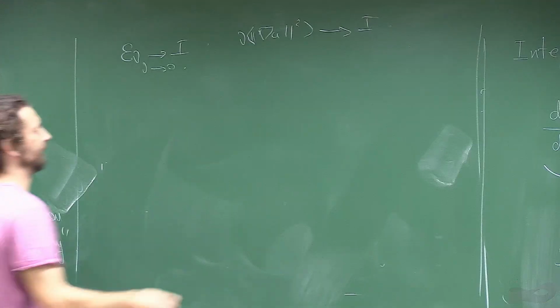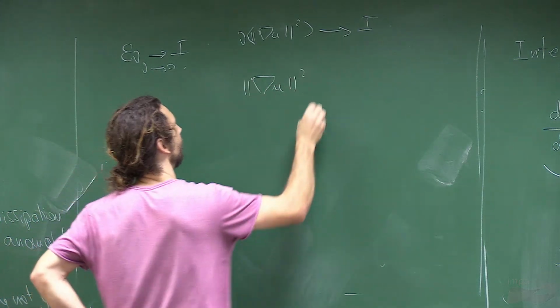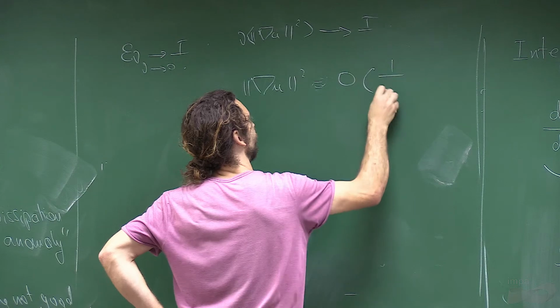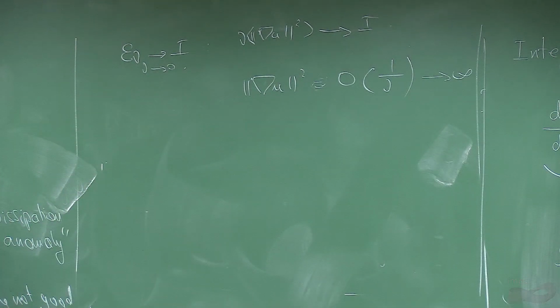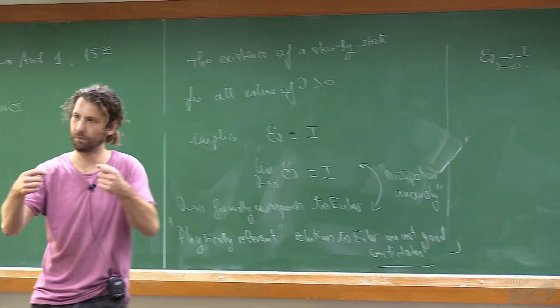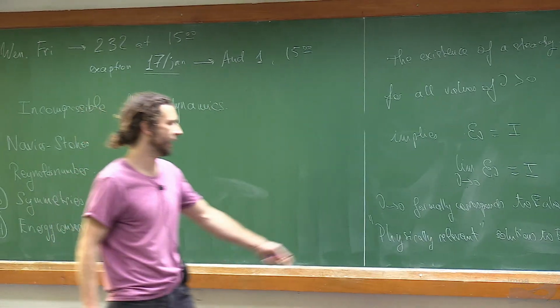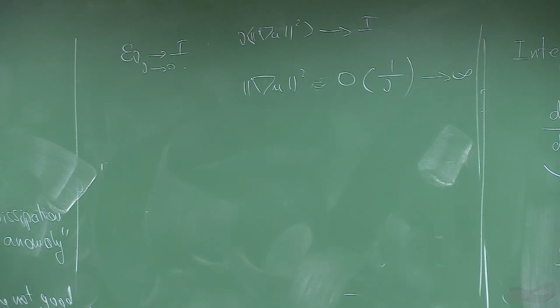Okay, so it means that essentially the gradient of u squared is something which behaves as 1 over nu, which goes to infinity. So gradients, basically, if you look at the stationary solutions of Navier-Stokes in the limit of nu goes to 0, explode, and Euler becomes totally irrelevant. This state is exactly what we want to describe as a turbulent state.